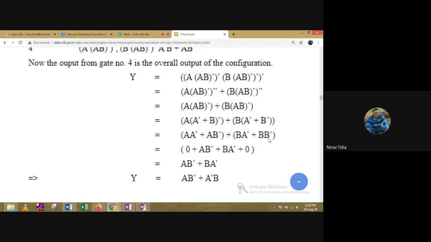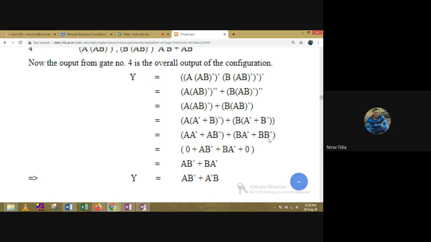Suppose A is equal to 0, then A bar is equal to 1, and multiplying gives 0 into 1, which is 0. Suppose A is equal to 1, then A bar is equal to 0, so 1 into 0 is again 0.